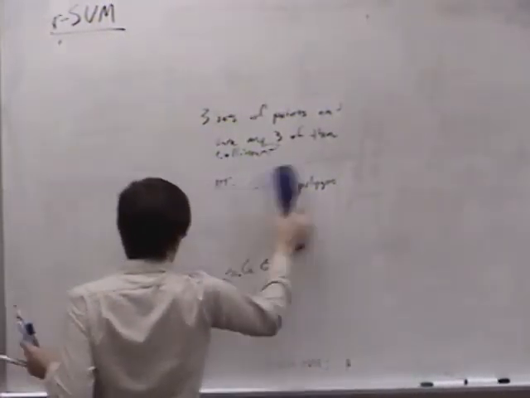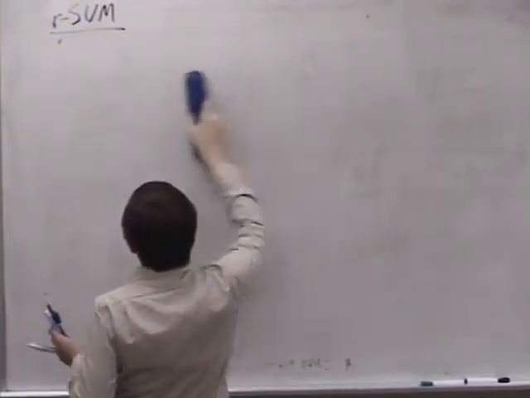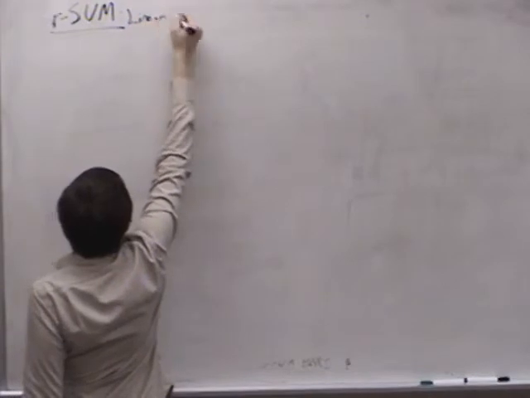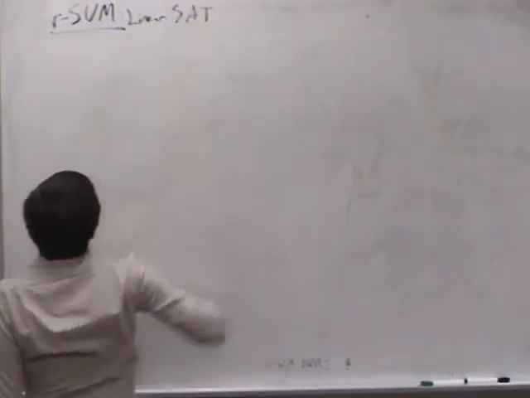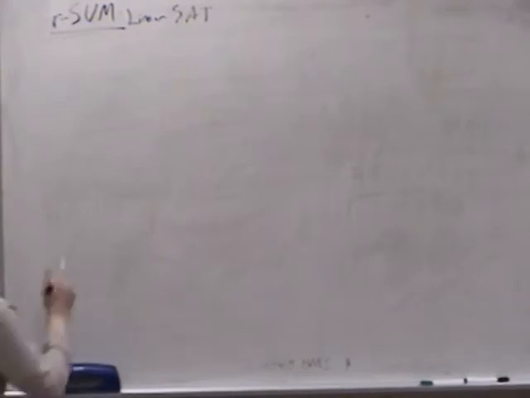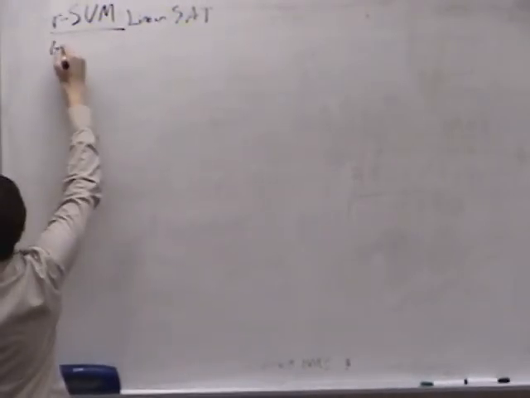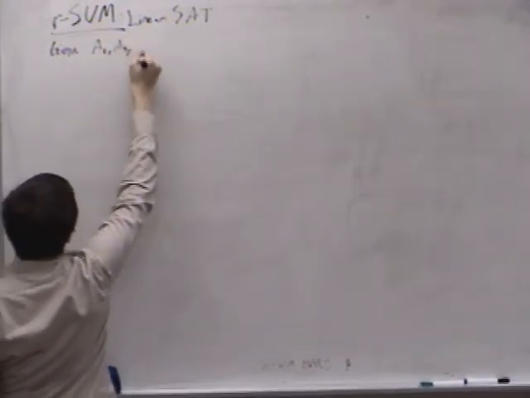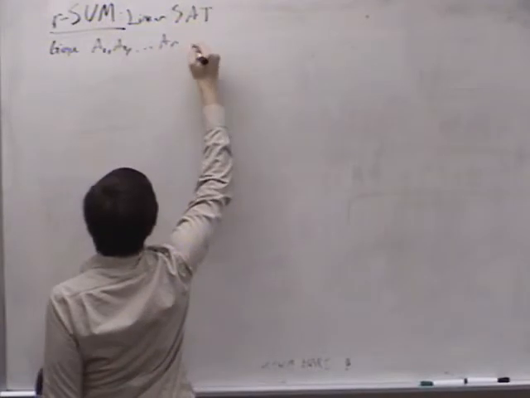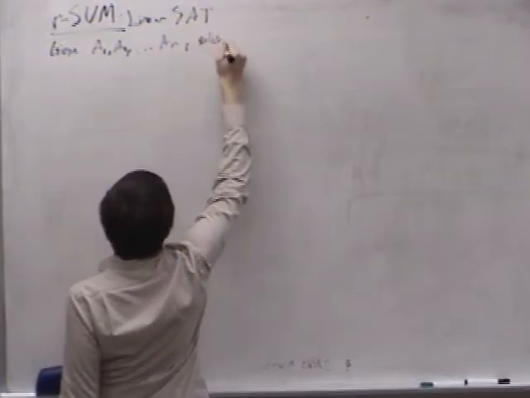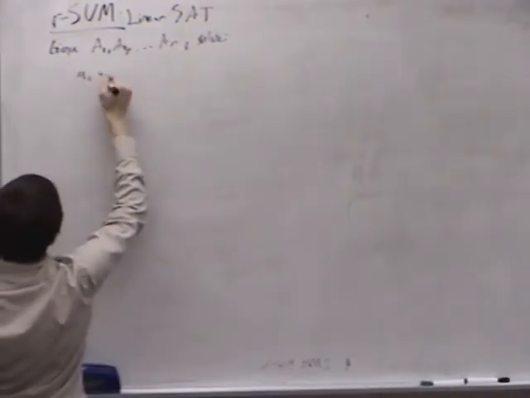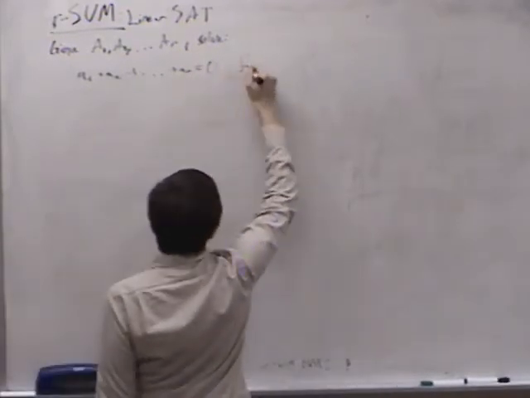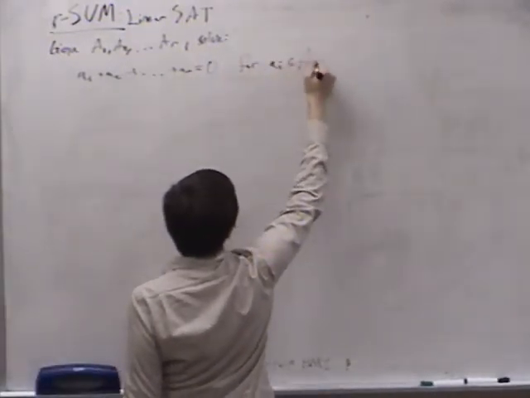Another name for R-SUM is linear satisfiability, so linear SAT. So the general problem here is, instead of given 3 sets, given A1, A2, etc., up to Ar, solve the equation a1 + a2 + ... + ar = 0 for ai in capital Ai.